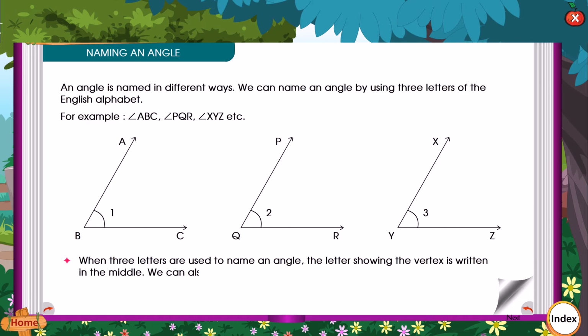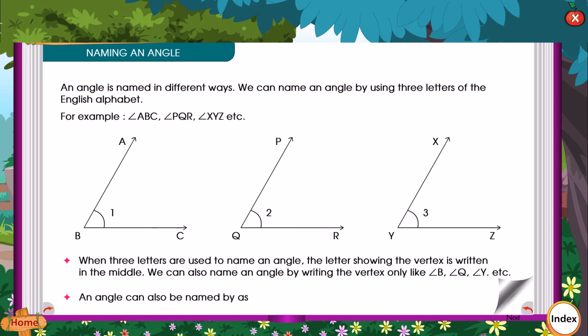We can also name an angle by writing the vertex only, like angle B, angle Q, angle Y, etc. An angle can also be named by assigning a numeral to the angle, like angle 1, angle 2, angle 3, etc.